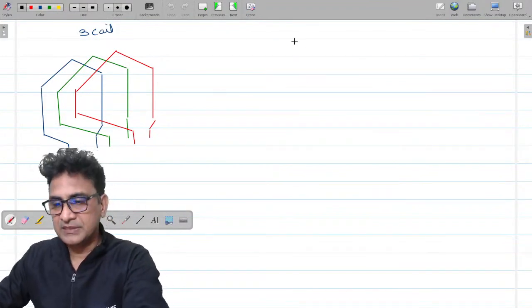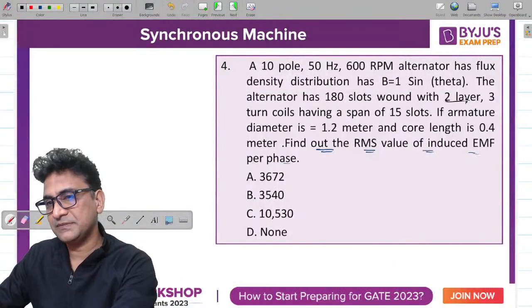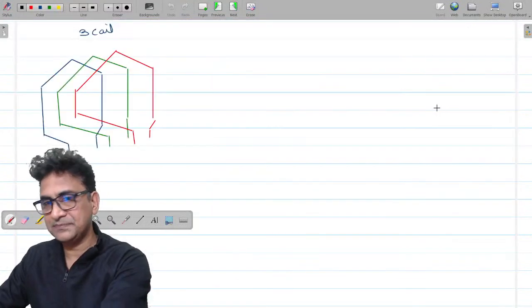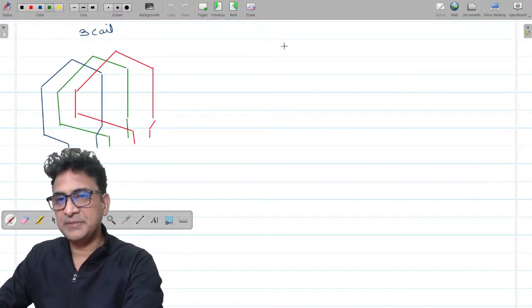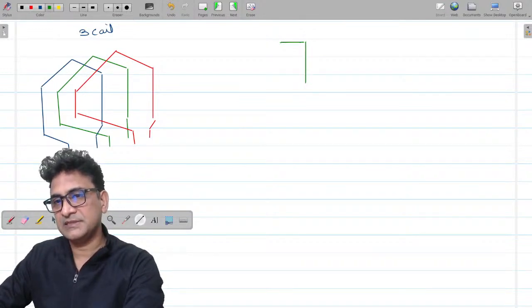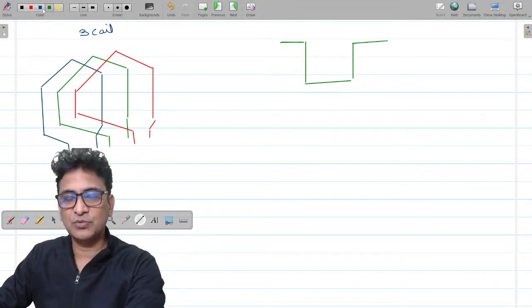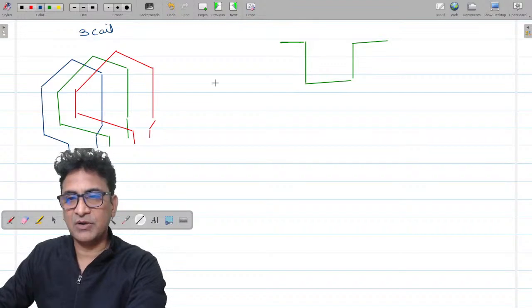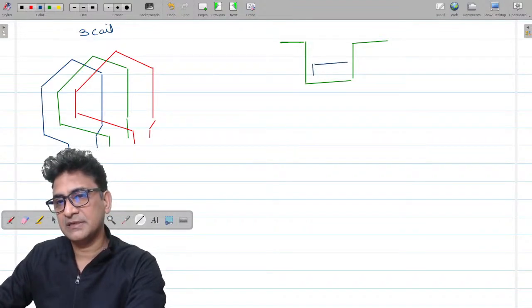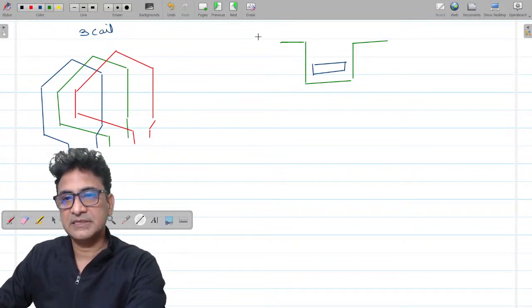We know what is the meaning of two-layer winding. What is the meaning of two-layer winding? Suppose we have a slot. This is a slot. If a slot contains two coil sides, this is one coil side, and this is the second coil side of another coil.